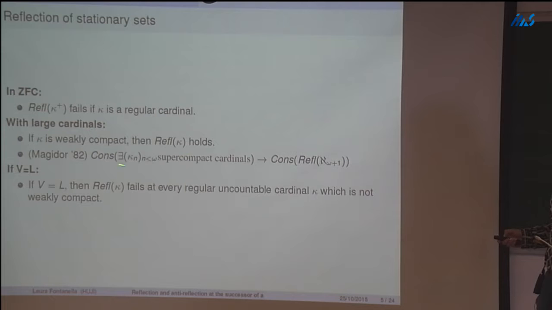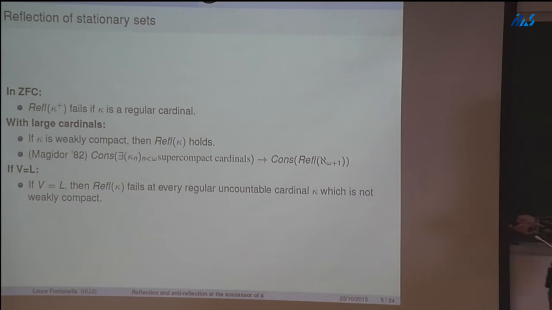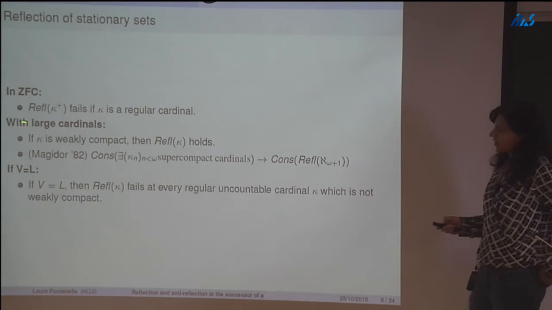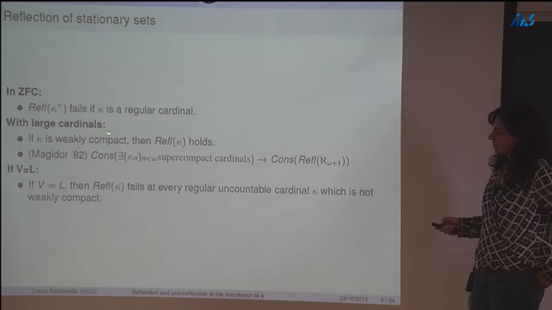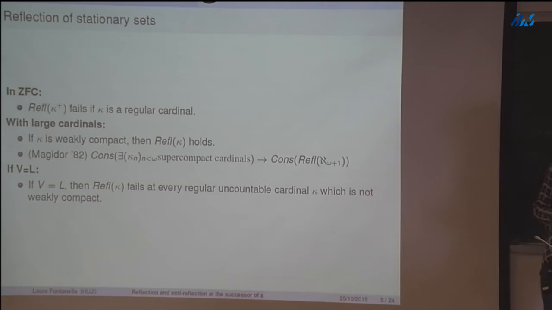So, for instance, assuming large cardinal assumptions, you can force a model in which Aleph omega plus 1 has the reflection of stationary sets. Okay, so large cardinals here, as I said, typically give you reflection properties.